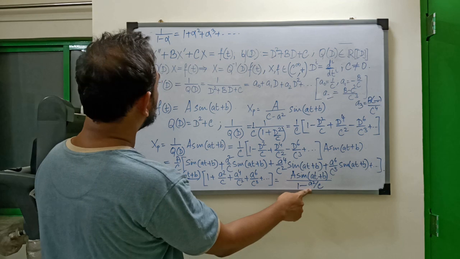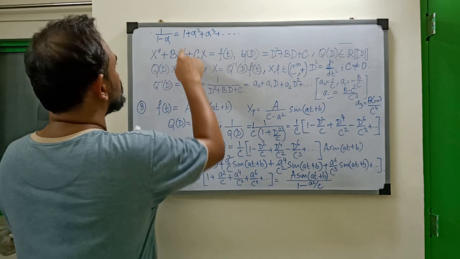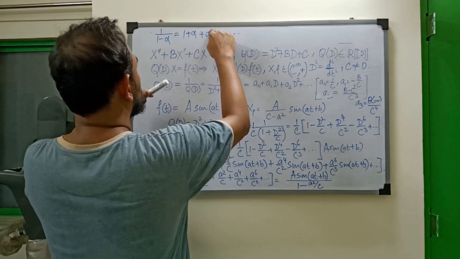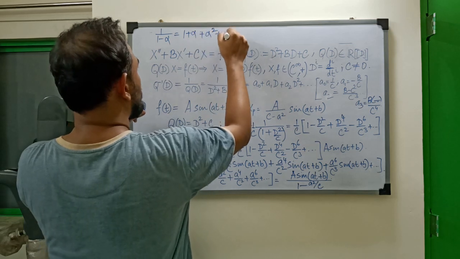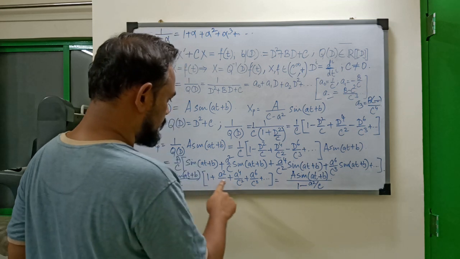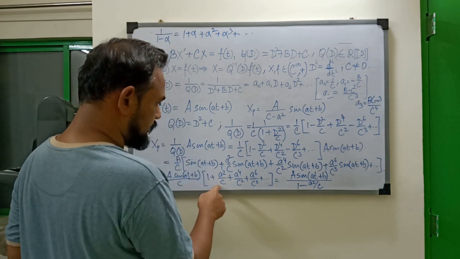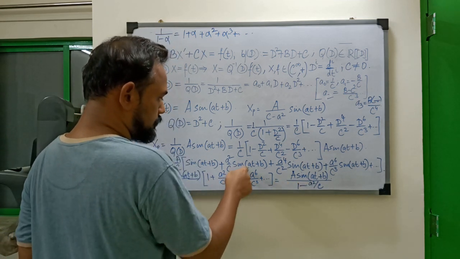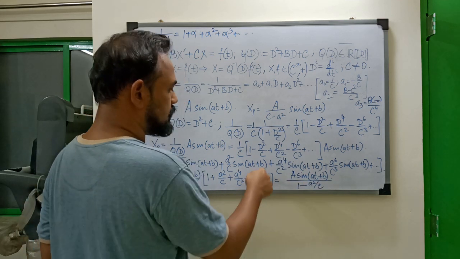Alpha square, sorry, this is going to be alpha, alpha square, alpha cube, like that. So this is going to be a square by c, then the square of it, a to the 4 by c square, then the cube of it, like that.